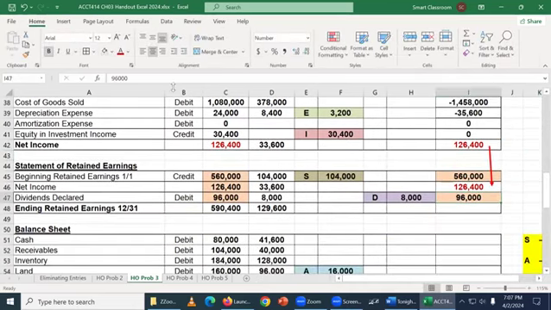This should be a negative, taking away from retained earnings.